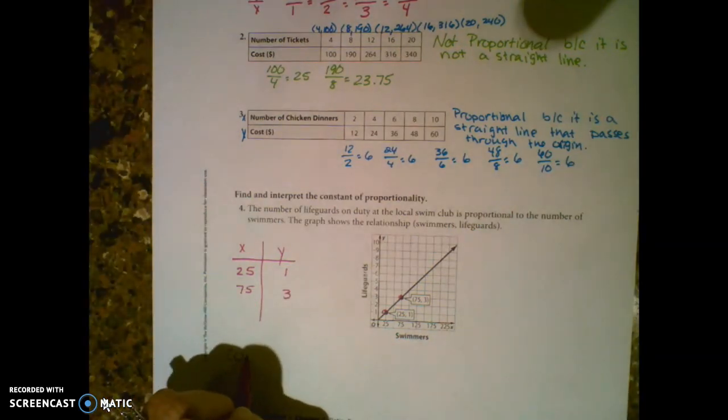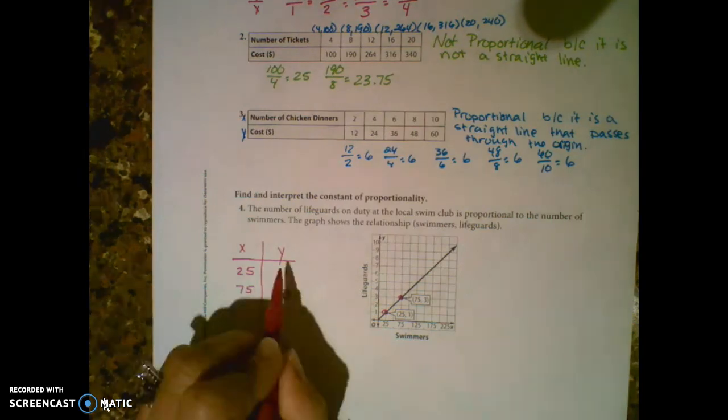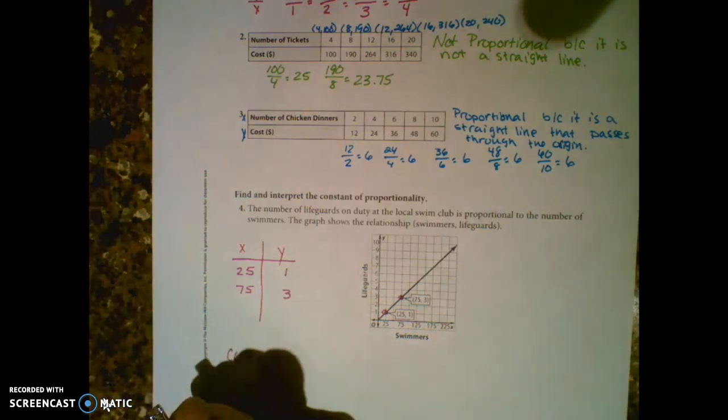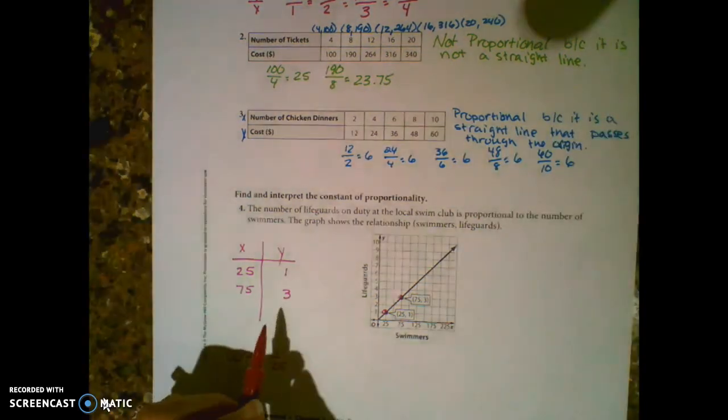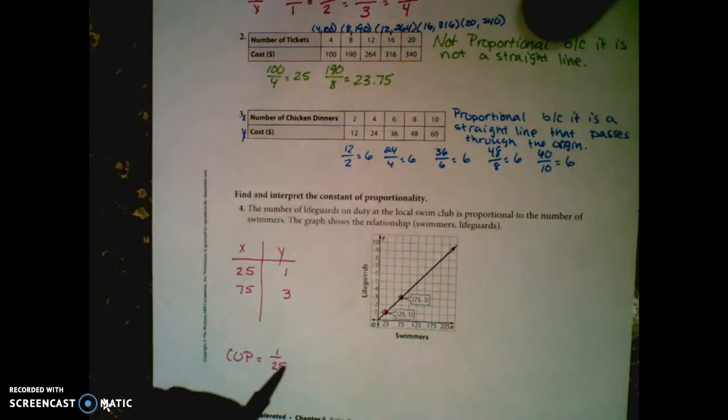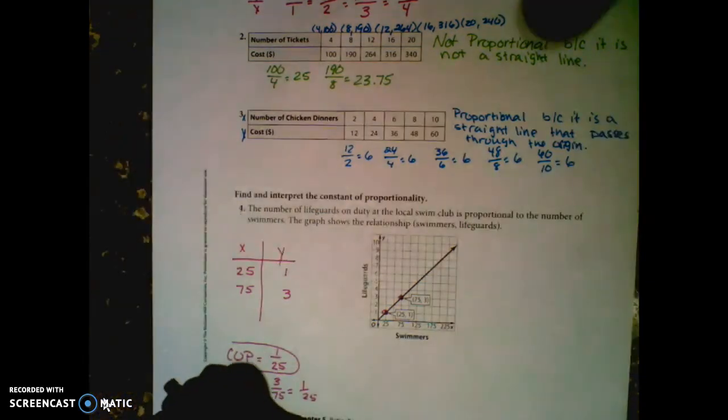So my COP is, let's see, 1 divided by 25. Well, that's simplified. 1/25. I know it's proportional, so I know that's going to be my COP, but let's check it anyway. 3 over 75. When I simplify, divide both by 3, I get 1 over 25. So my COP is 1 over 25.